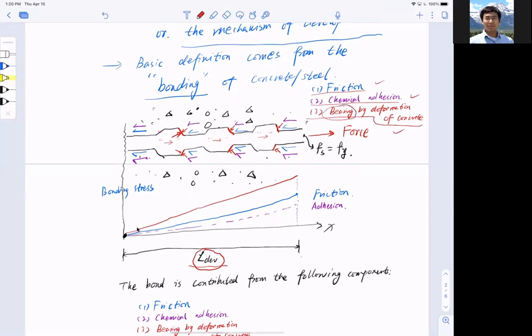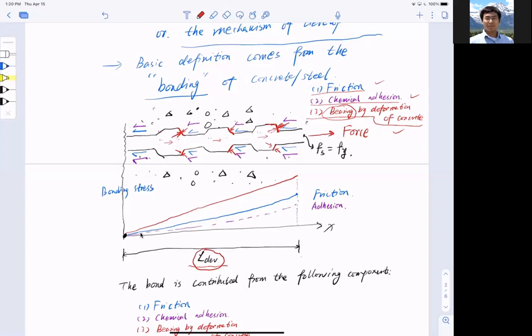People may ask me, hey Bob, what does bearing mean? Bearing means that when I pull the bar, the ribs on the bar work against the surrounding concrete to cause a compression at the local junction. This mechanical bearing gives you bearing forces and stresses, and that is the bearing action in the bonding.